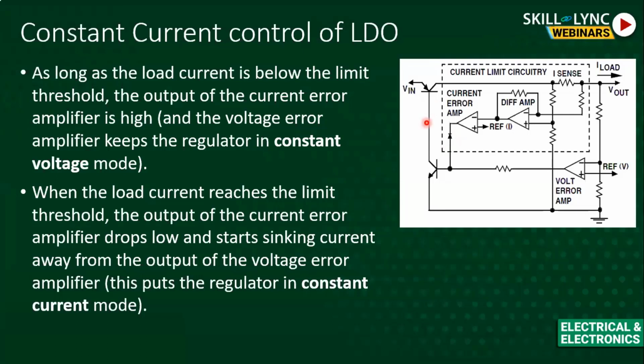So this tries to maintain a constant current output. Until the current goes beyond the limit I set by this reference, it will act as a constant output voltage. But beyond this limit, it will act as a constant current source.